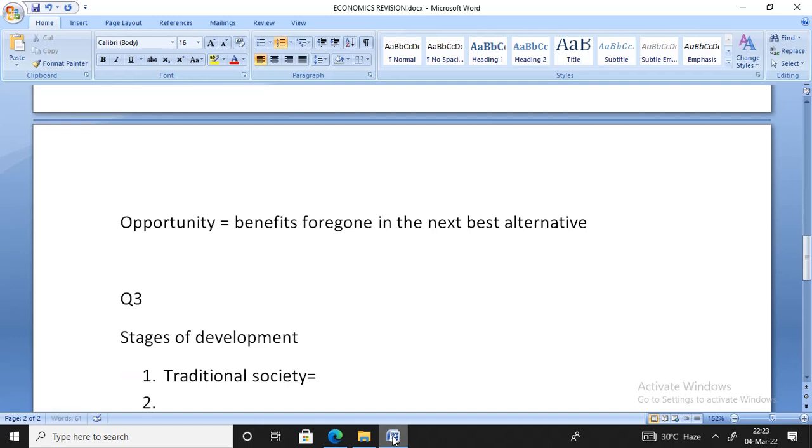Then we come to the second stage. It's called the transition stage, or the precondition for takeoff. At this stage, people were producing at least sufficiently enough. They would have surplus for trade.